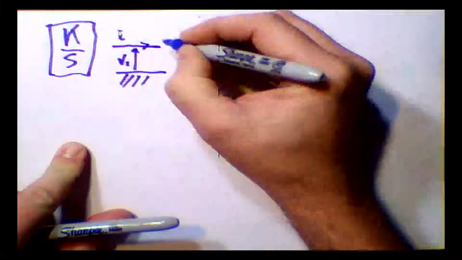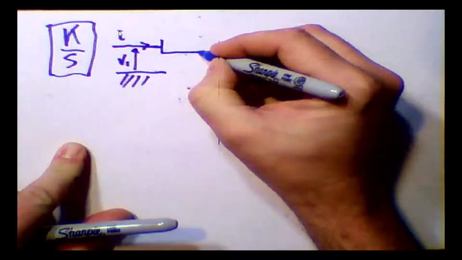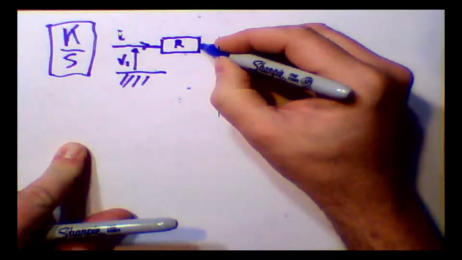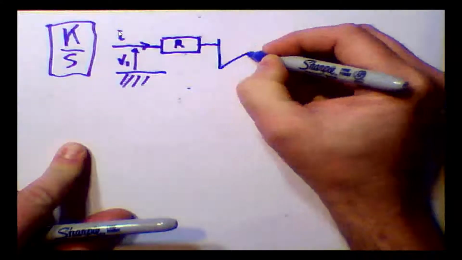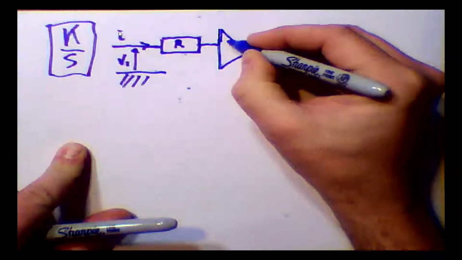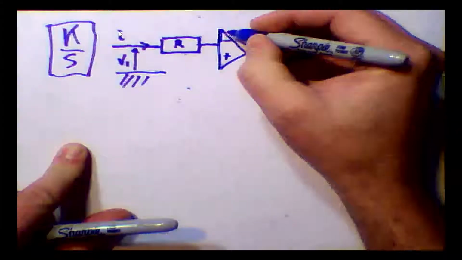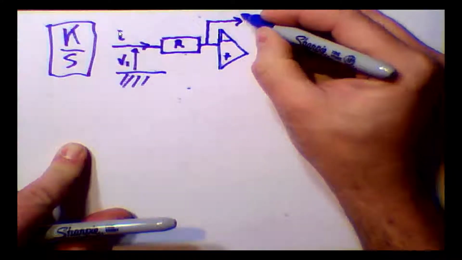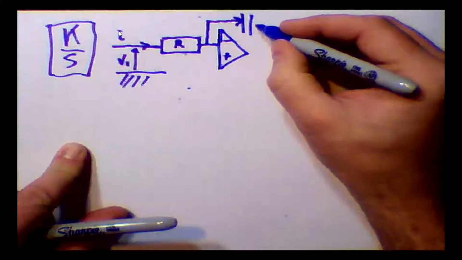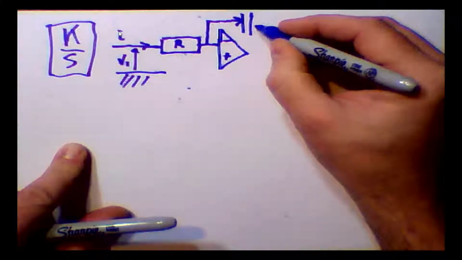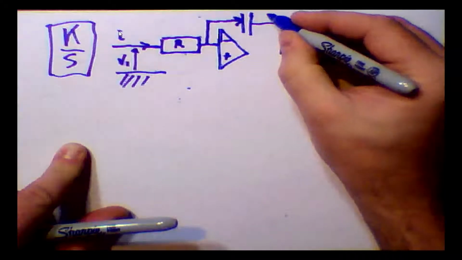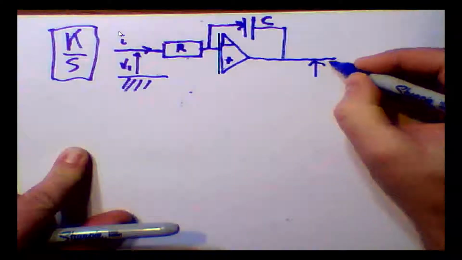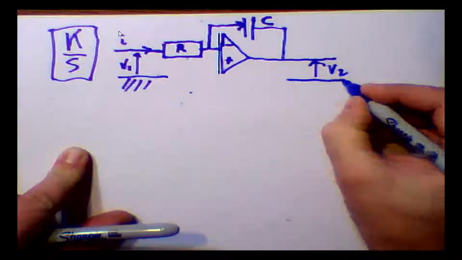We still have an identity going here, a resistor going there, which we call R, and an operational amplifier, such that we keep connecting things. We put now a capacitor here with capacity C, and we link things together to collect the voltage V2 here.